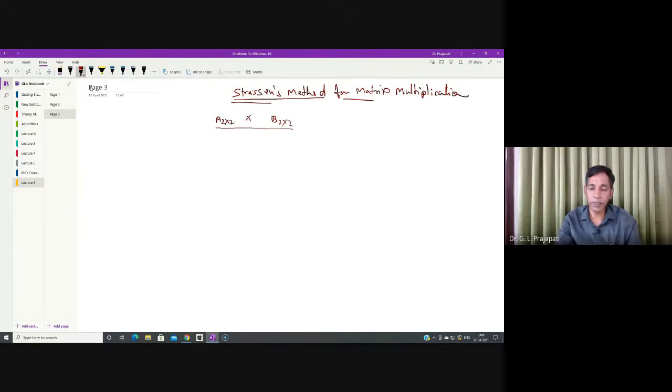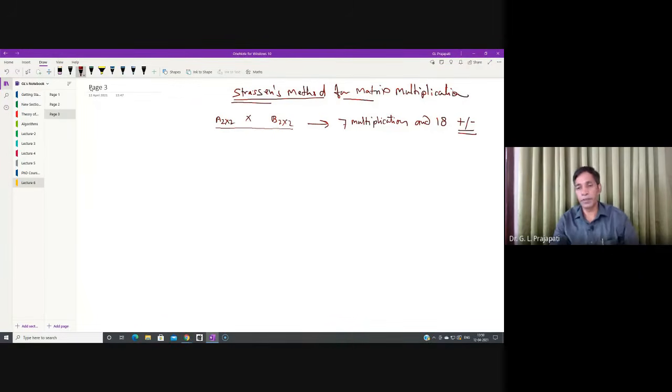Strassen has given the formula so that in Strassen's formula for multiplying two matrices of size 2 by 2, you require only 7 multiplications and 18 additions and subtractions.